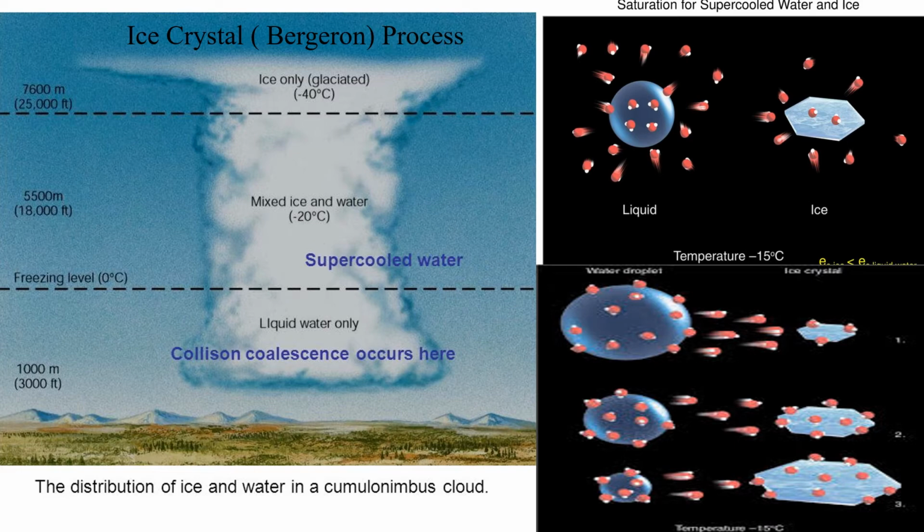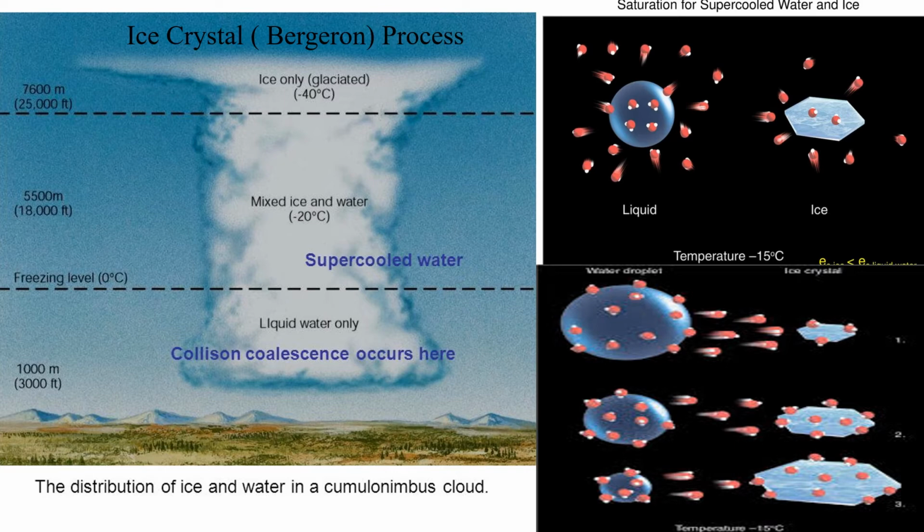As expected, only water droplets exist there, for the base of the cloud is warmer than 0 degrees centigrade. Surprisingly, in the cold air just above the 0 degree isotherm level, almost all of the cloud droplets are still composed of liquid water.